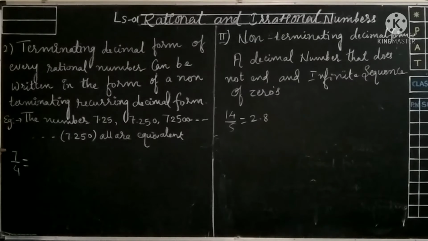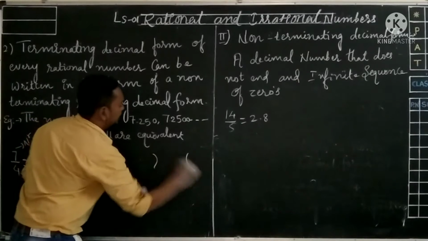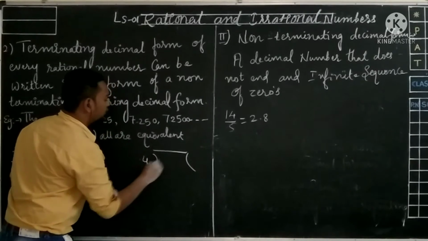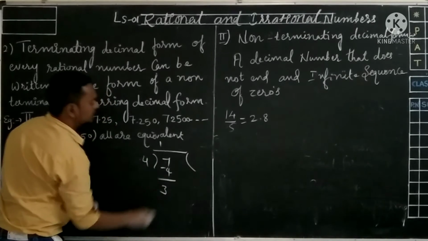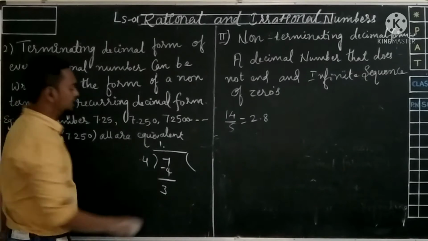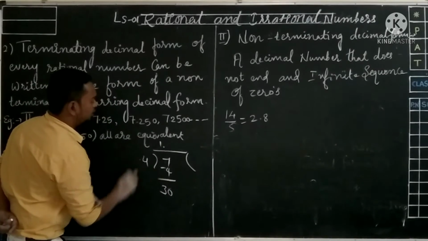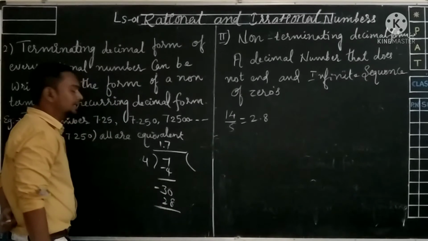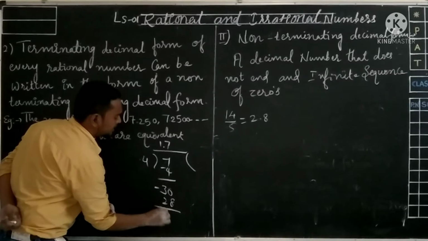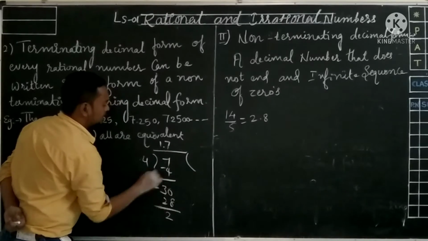Now we have already done 7 upon 4, where 7 is the numerator and 4 is the denominator. 4 ones are 4, 7 minus 4 is 3. Now we put the decimal point and 0. 4 sevens are 28, 30 minus 28 leaves 2.